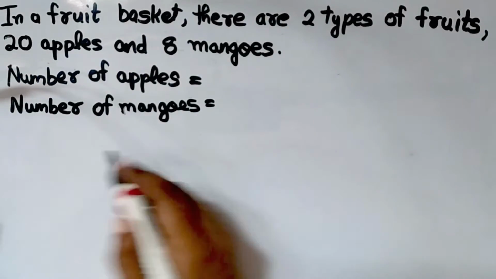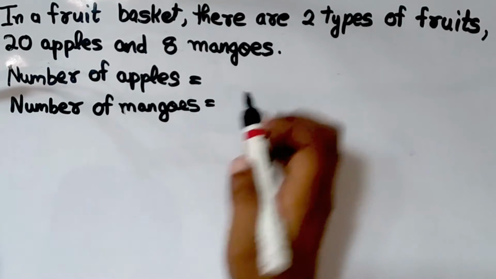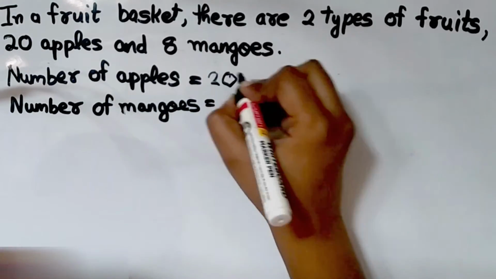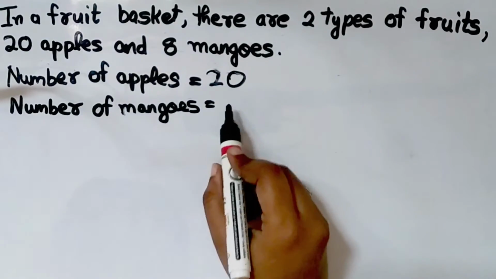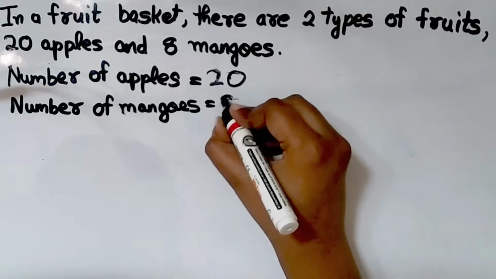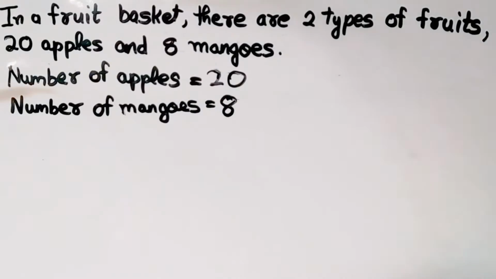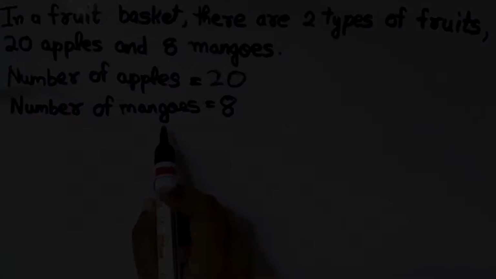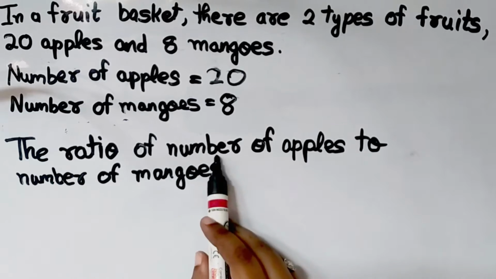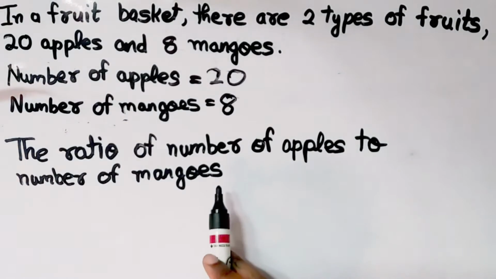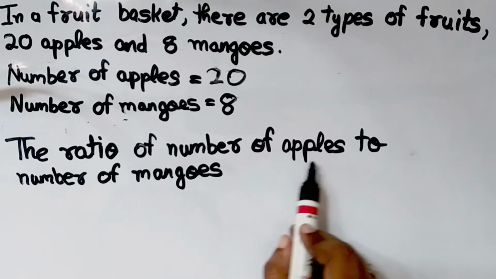Okay, so first what we will do, how many apples are there? Now here number of apples is equal to 20. Number of apples are 20 and the number of mangoes are 8. We have to find the ratio of number of apples to number of mangoes. This means first we have to see the number of apples.